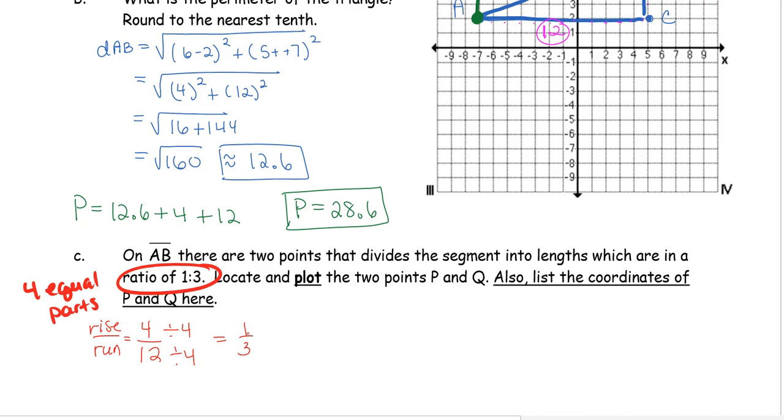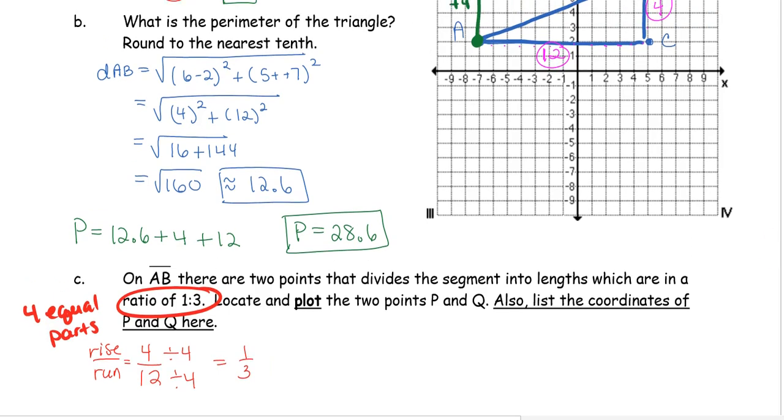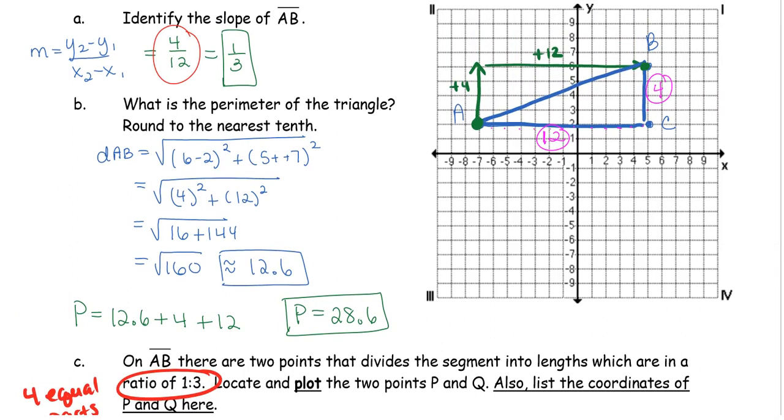It's not always going to be our reduced slope though. So when we go up to this segment, we use that slope of 1/3, go up 1, right 3, up 1, right 3, up 1, right 3, and up 1, right 3. So you see that we have 1, 2, 3, 4 congruent segments.